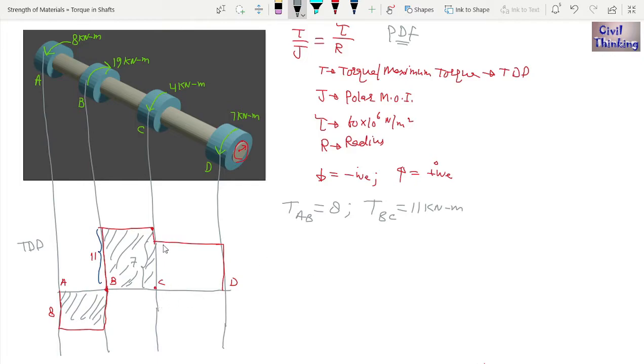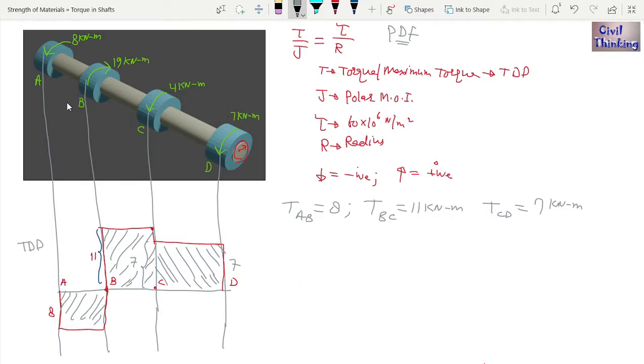Now this is CD, right? Now torque in CD is what? What is the depth of this diagram? It is 7, right? So it is 7 kilonewton meter. Now in AB is 8, BC is 11, and CD is 7.